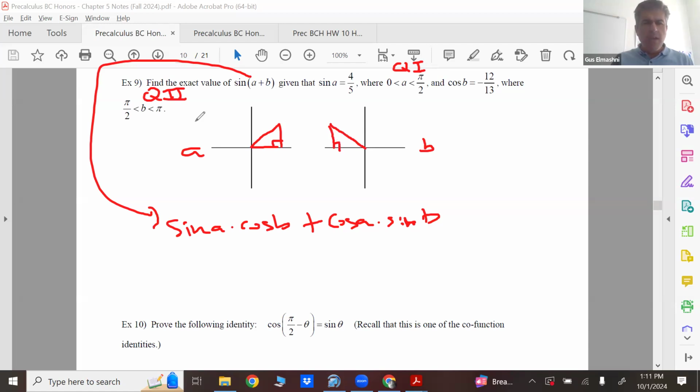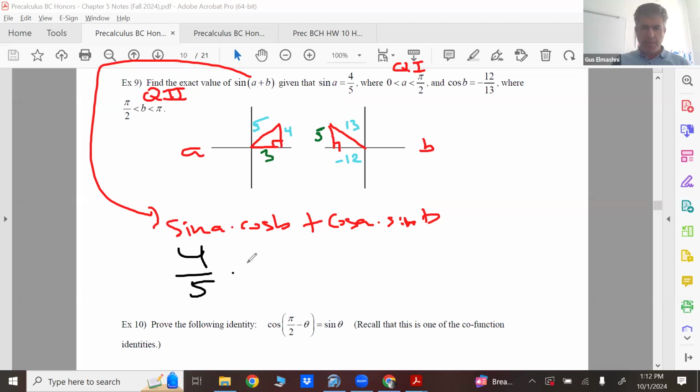Okay. Let's use different, sure, go for it. Yeah. 4, 5, -12, and 13. So that's going to be 3 and 5. Yeah. Okay. And just do it. Just be careful. 4/5.